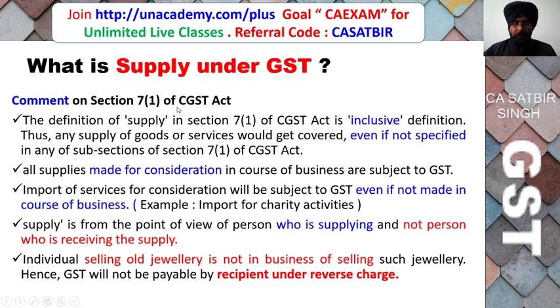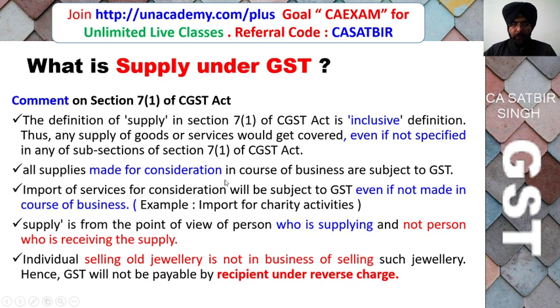So these are the comments on Section 7: the definition of supply in Section 7 of the CGST Act is an inclusive definition. Thus any supply of goods and services would be covered even if not specified in Section 7(1) of the CGST Act. So it is an inclusive definition, not exhaustive, so any other supply can also be covered.